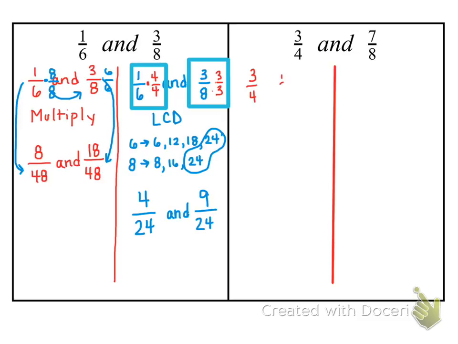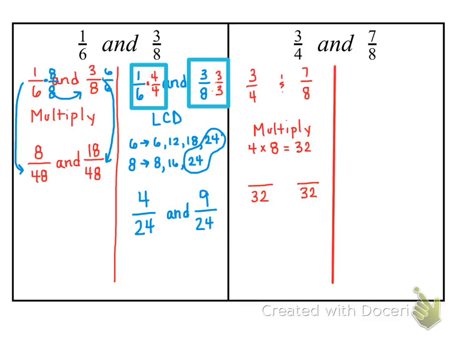If we have 3/4 and 7/8, the way that always works is to multiply the two denominators together. So I take 4 times 8, which is 32. So I'm going to change these two fractions to have a denominator of 32.